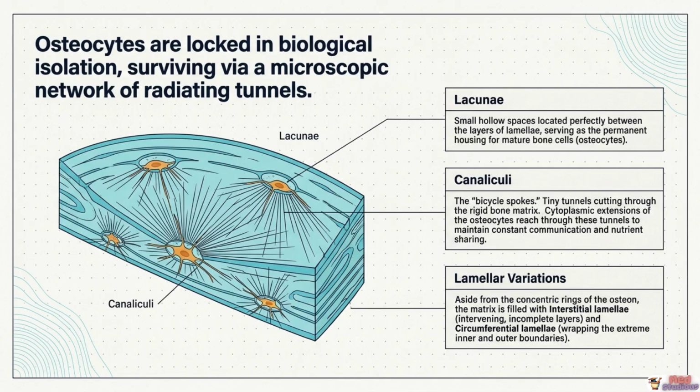The answer lies in the canaliculi, tiny, hair-like tunnels radiating outward from each lacuna in all directions, like spokes on a bicycle wheel. The osteocyte extends long, slender cytoplasmic processes through these tunnels, making direct gap junction connections with the processes of neighboring osteocytes, and ultimately reaching all the way to the Haversian canal surface.